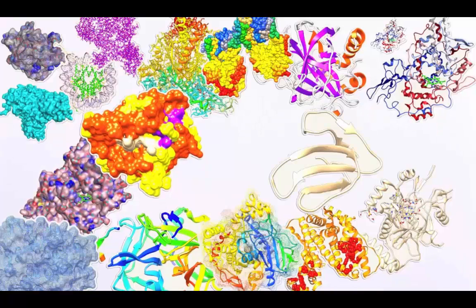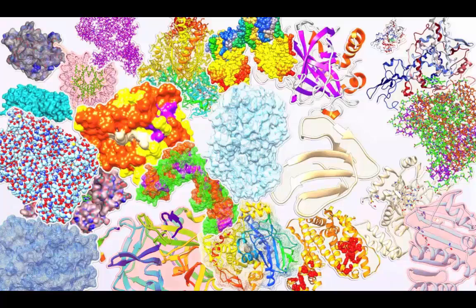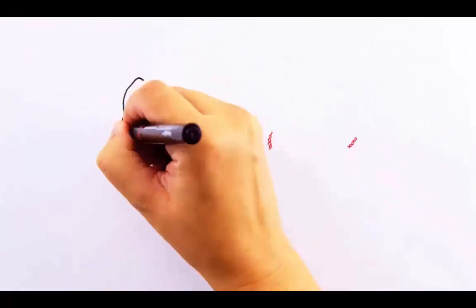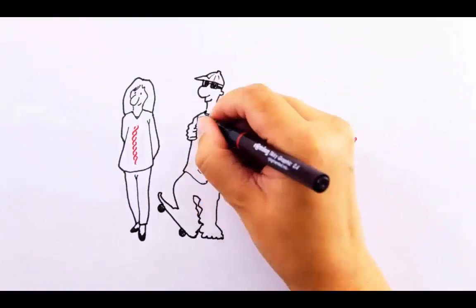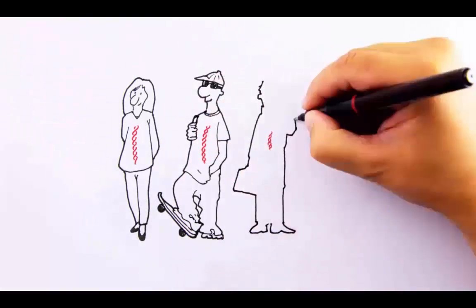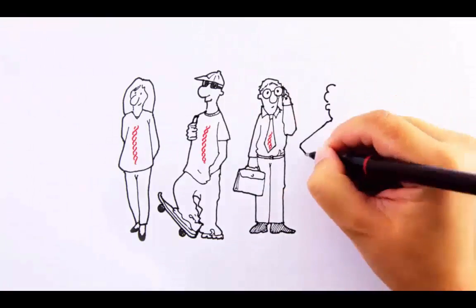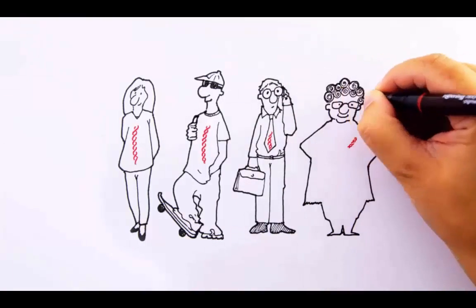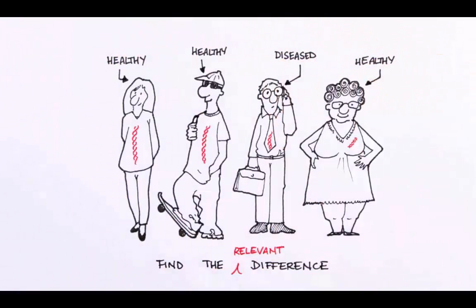How can we find out which proteins are deregulated in a disease state and which we need to influence to achieve a cure? Proteins come from genes, and it is somewhat easier to study genes than to study proteins. One approach to finding new drug targets involves comparing the genes of healthy individuals with those of people with a disease. The differences between the two genetic maps can help generate hypotheses on which proteins, or lack thereof, cause the disease.